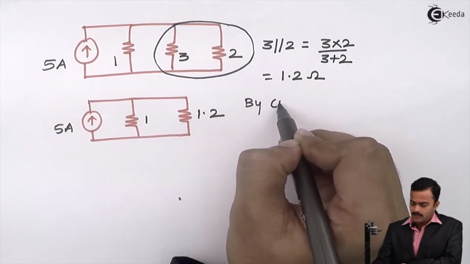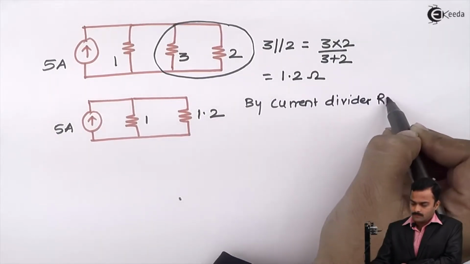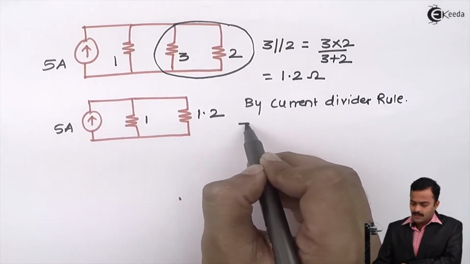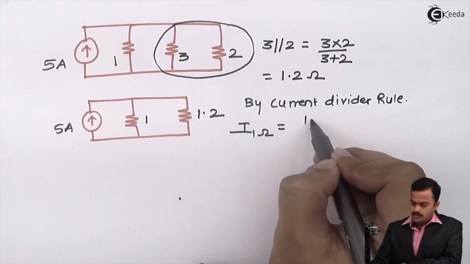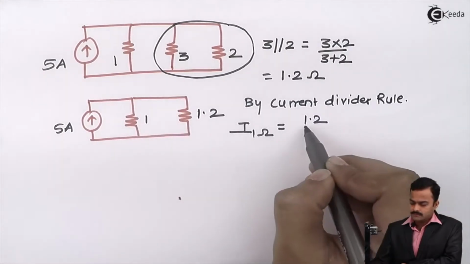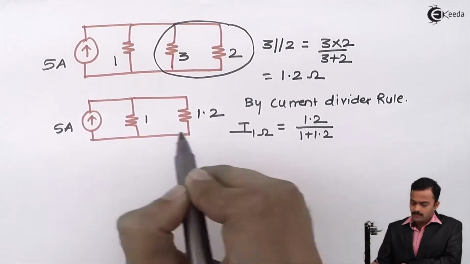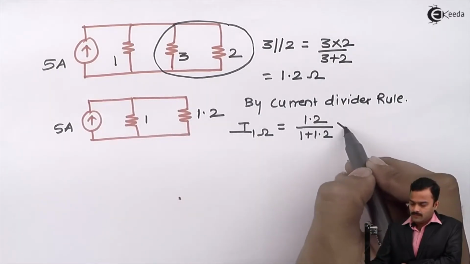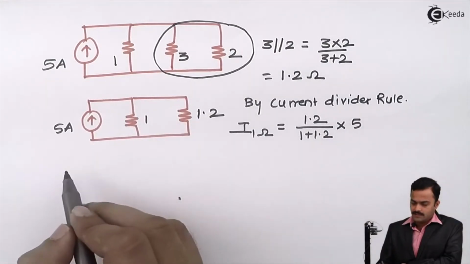So by current divider rule, I can say current flowing through 1 ohm resistance equals the resistance which is connected to 1 divided by addition of both the resistances multiplied by total current supplied, which is 5 in this case.